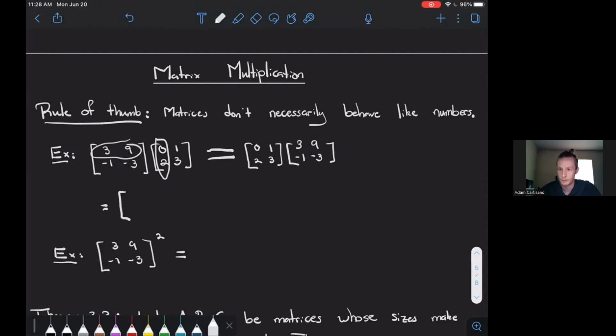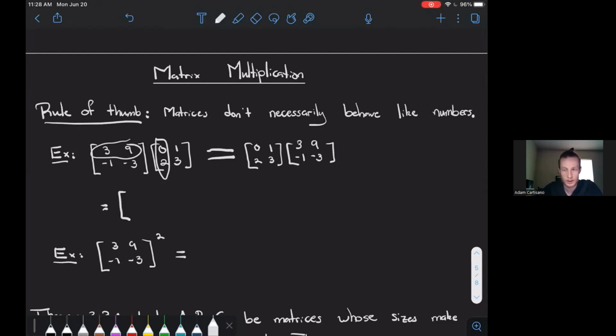That dot product will give a number, and that number will be the ij entry in the product matrix, where i is the index of the row and j is the index of the column that you used. So here I've got the first row in the first column, which means that it'll be the 1, 1 entry when I'm done. The dot product of those 2 vectors will be the 1, 1 entry.